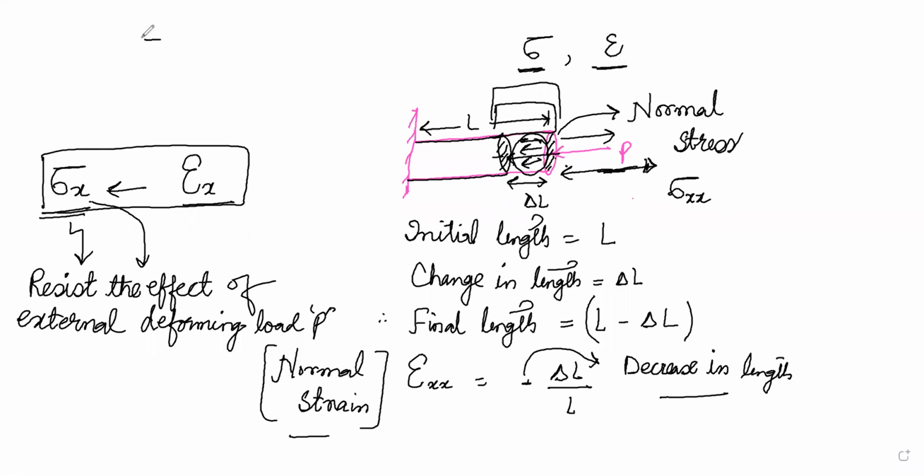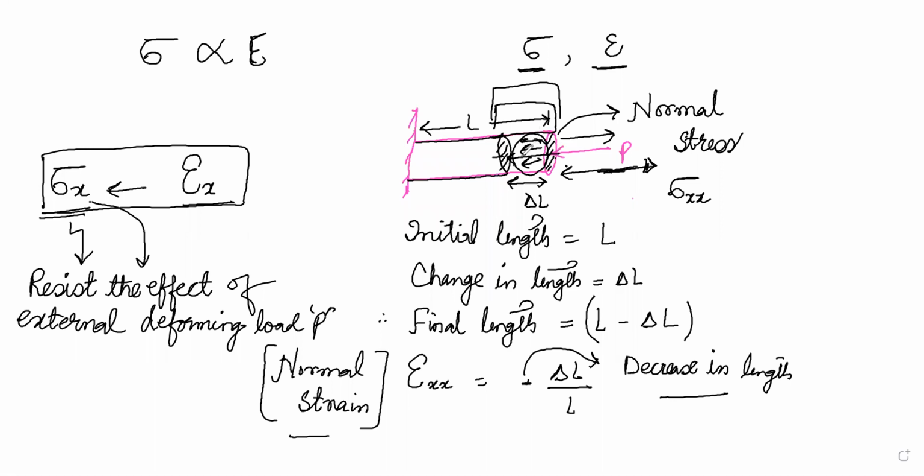So we write that sigma, the normal stress, is directly proportional to the normal strain. As we apply the external deforming load, it creates stresses inside the machine element, and the load is also responsible for straining it.